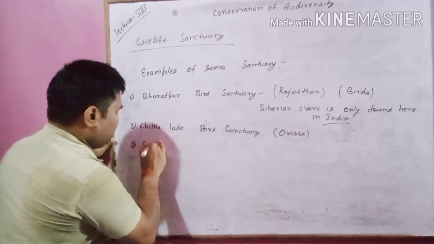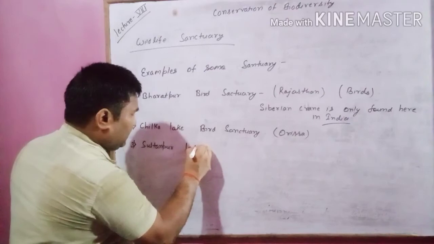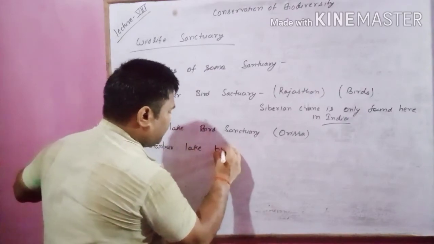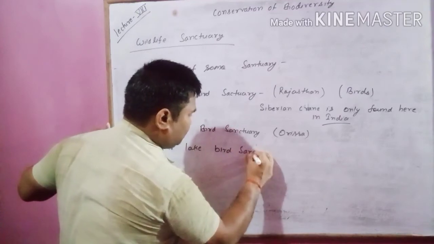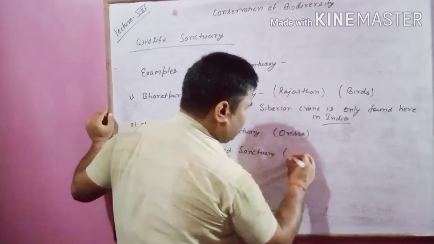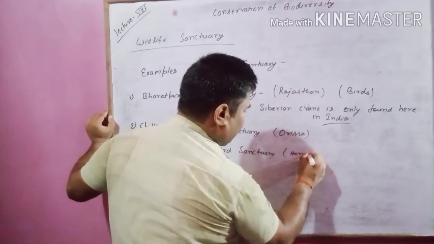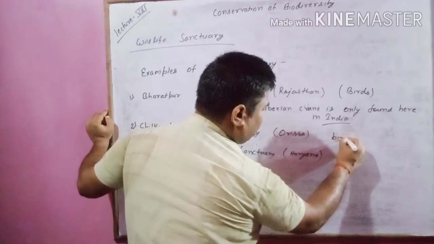Third is Sultanpur Lake Bird Sanctuary. This is in Haryana. This is also for birds.